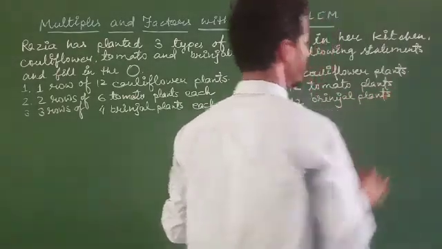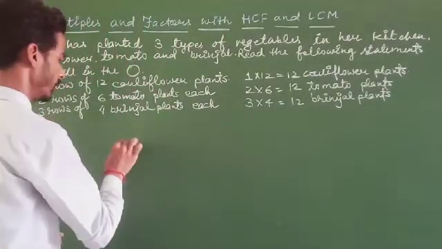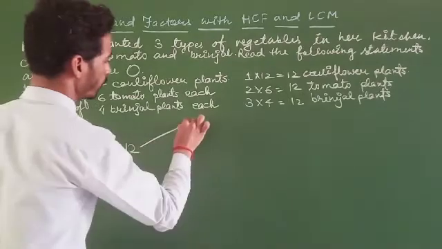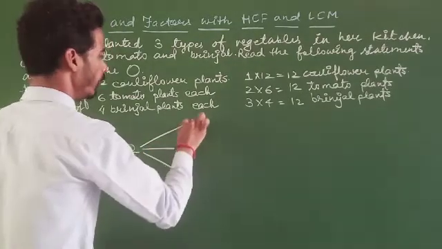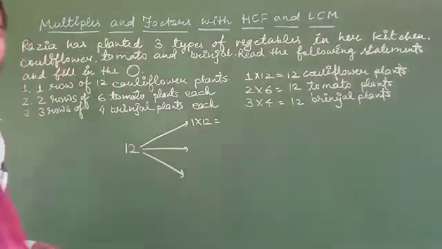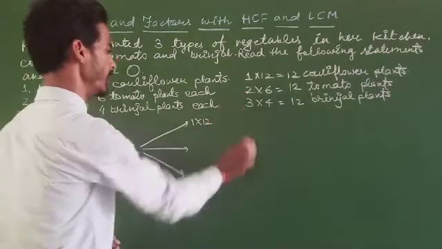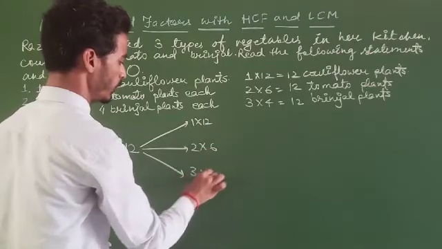Okay, so you can say that 12 can be written as 1 multiplied by 12 is equal to 12, also 2 multiplied by 6 is equal to 12, and 3 multiplied by 4 is equal to 12.